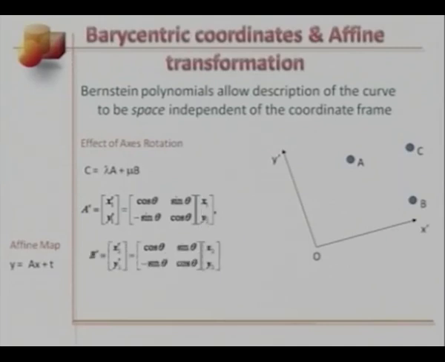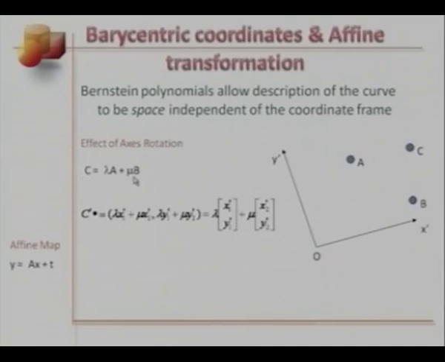Likewise, the new coordinates of B will be given by x2 prime, y2 prime, which is equal to the same rotation matrix here, pre-multiplying the original coordinates of B, given by x2 and y2.